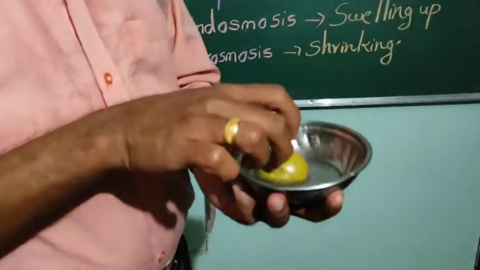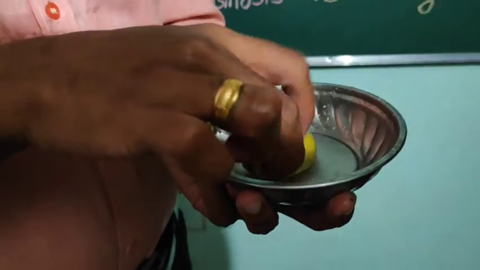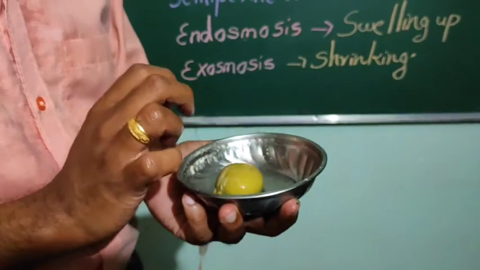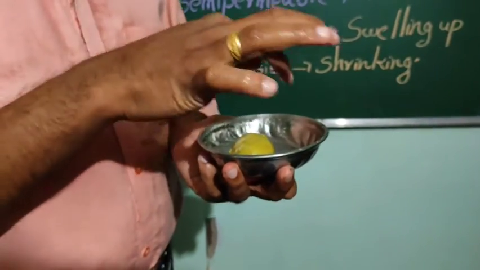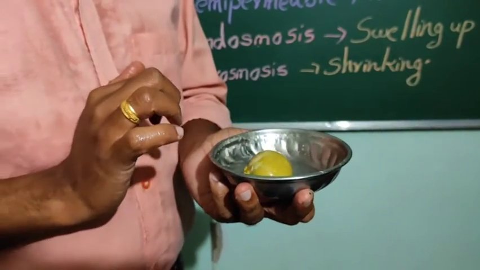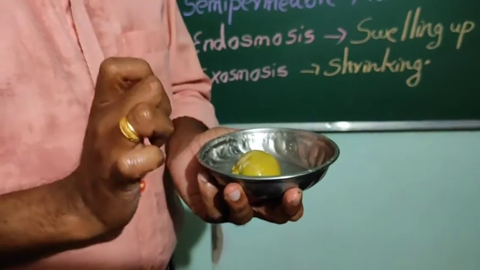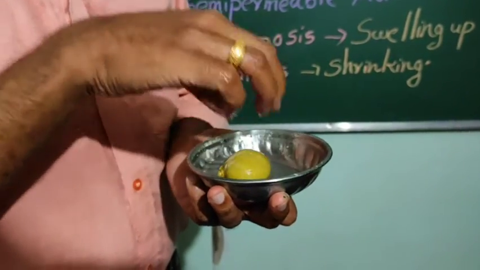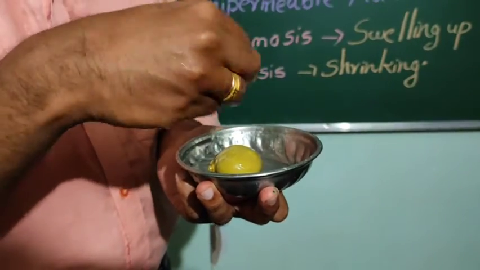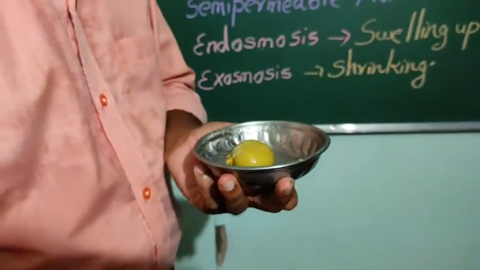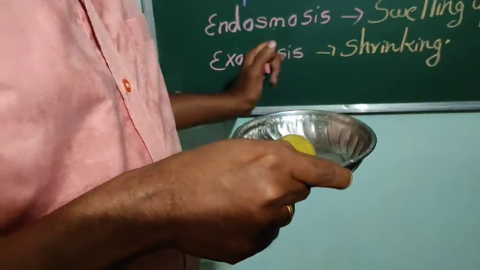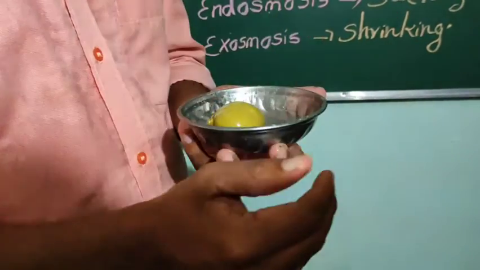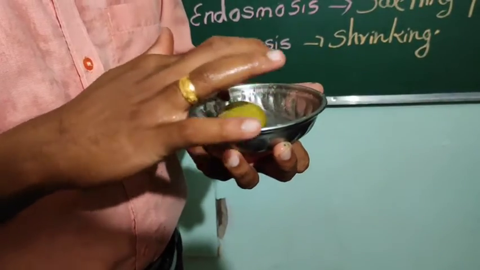Then if we take a highly concentrated solution, a salt solution, the water molecules are fewer in this solution. So the water from inside a cell may go to the outside. Exosmosis is the outward diffusion of water through a semi-permeable membrane.